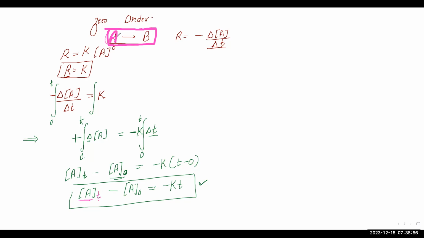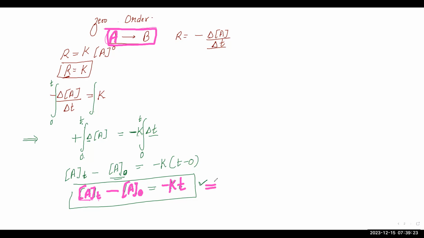This is the concentration of A at any time T during the experiment, minus the concentration of A when you just started the experiment initially, when the time is 0, is minus K T. K is the rate constant, T is the time.